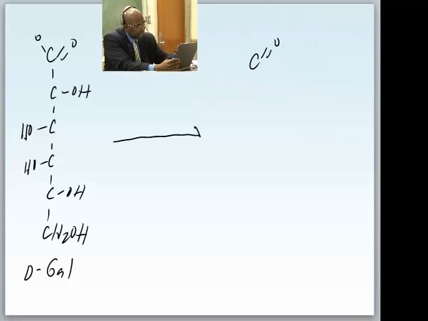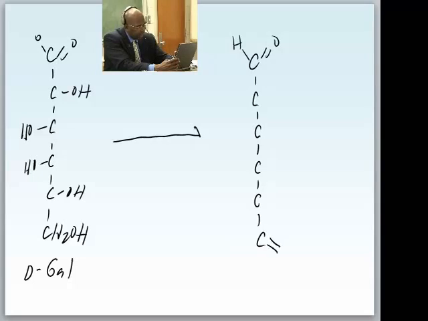And so now we're still going to have our aldehyde. 2, 3, 4, 5. And now we're going to completely oxidize that terminal carbon. Right, left, left, right.